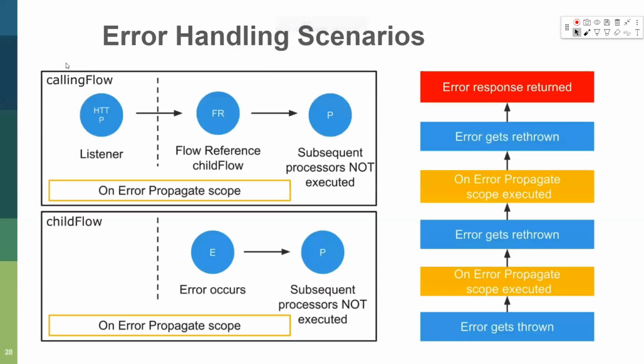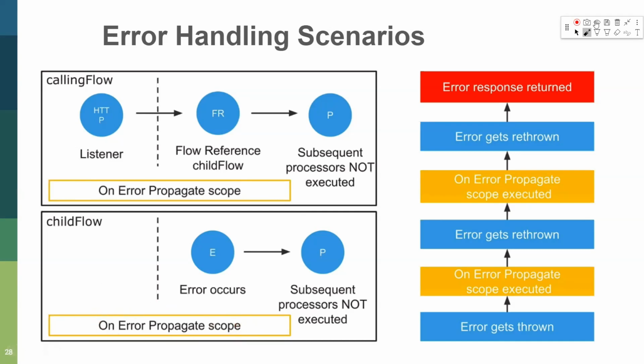See this one. The calling flow is the upper rectangle, with its own error handler. And we have a child flow here with its own error handler. So this is a private flow, which means it is not a subflow, because a subflow doesn't have this part.